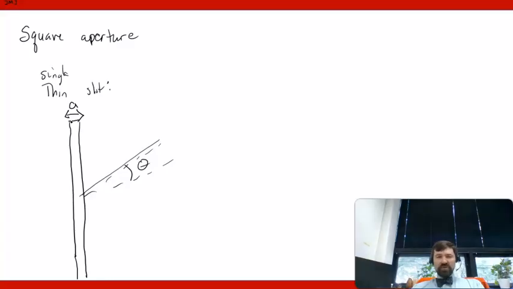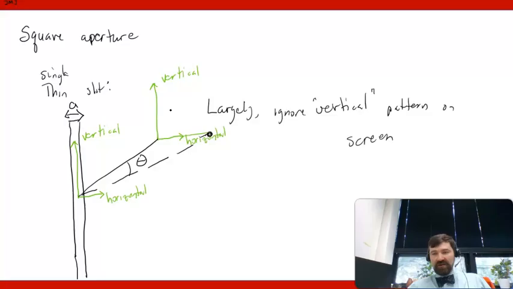So we really ignore any pattern that's vertical or oriented along the same direction as the tall part of the slit. In other words, if I were to draw a vertical and horizontal axis here at the location of the slit and another one here at the location of the screen, the entire pattern and theta and all that are defined entirely along or parallel to the horizontal direction rather than the vertical direction.